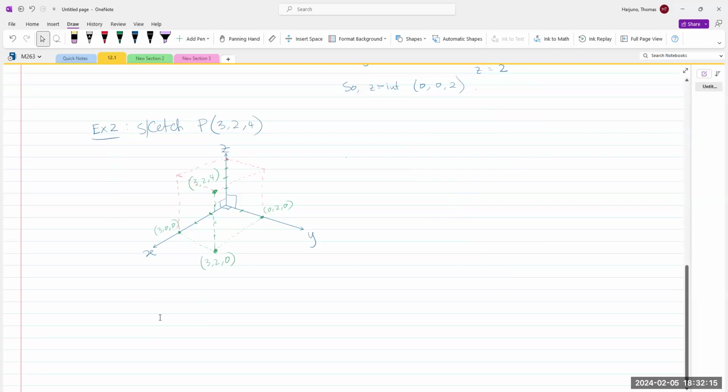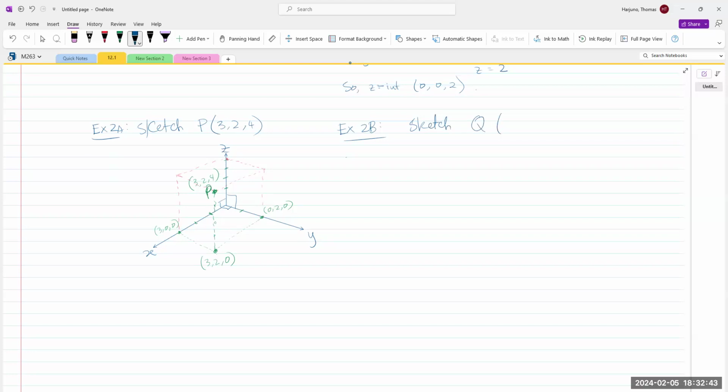Would you like to do one more? Maybe when we deal with negative numbers, let's see example 2b. Sketch coordinate q. So let me name this coordinate p. Hold on, this is coordinate p here. So sketch coordinate q.